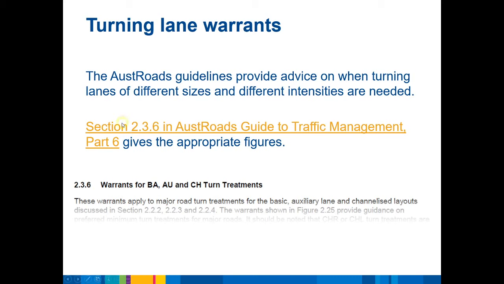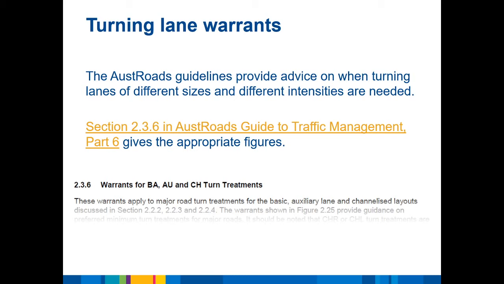These turning lane warrants are given in section 2.3.6 in the Austroads Guide to Traffic Management, Part 6. They basically tell us what basic auxiliary, channelized turn treatments or other treatments need to be provided for different layouts. I think we've got a tutorial question based on this.